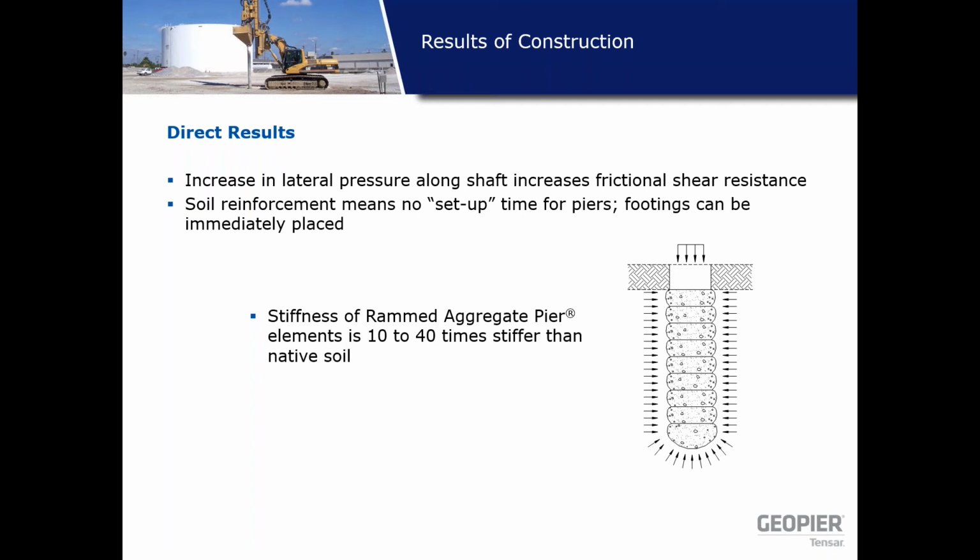Installing the Geopier also induces a lateral pressure increase in the matrix soil and thereby increases the frictional shear resistance of the soil. Soil reinforcement means no setup time for piers. You can construct footings right after the piers are installed. These are simply a column of aggregate, so there is no setup time, no concrete involved.